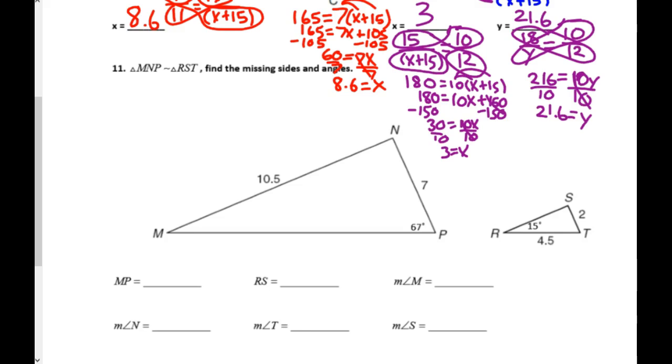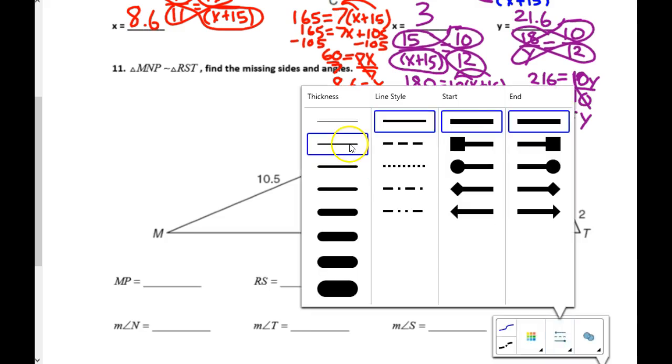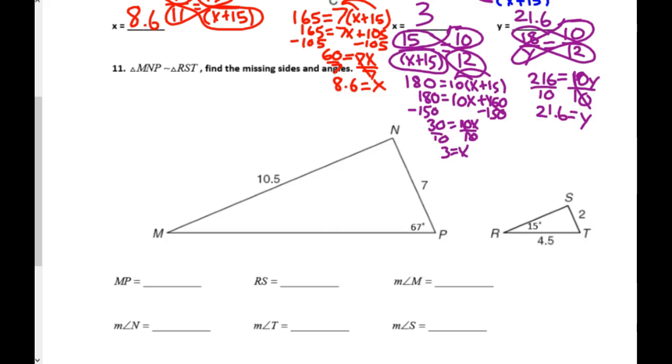Alright, on this one, let's start off with some angles, just so I can make my life a little easier here. Angle P is 67. And remember, similar triangles. We know they're similar right here. So similar triangles have congruent angles. So what else is going to be 67 degrees on this smaller triangle?